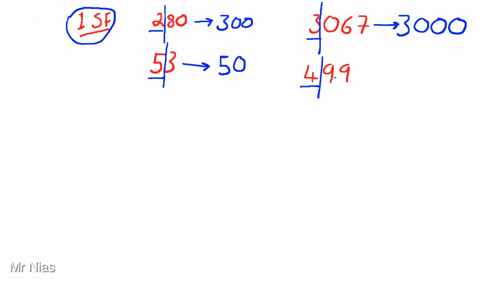Let's have a look over the fence. Do I need to round up my 4? Yes, I do, because the next number is this 9, which is 5 or above. So I need to round up my 4 to a 5. Now, obviously, I can't leave it as 5 because my number, this 4 was in the hundreds. So my 5 is also in the hundreds column as before, so 500.